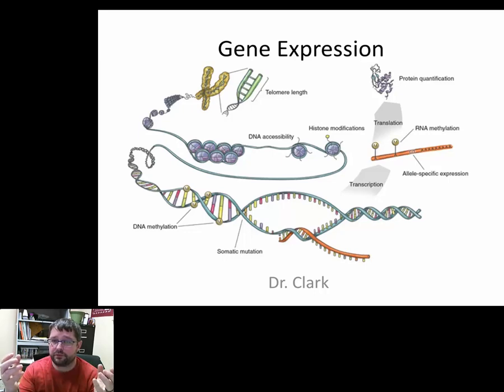What is the difference between prokaryotic expression and eukaryotic expression? So this is a diagram just showing some of those situations where the gene might be expressed differently depending on the organism, depending on the situation, in some cases depending on the age of the organism.